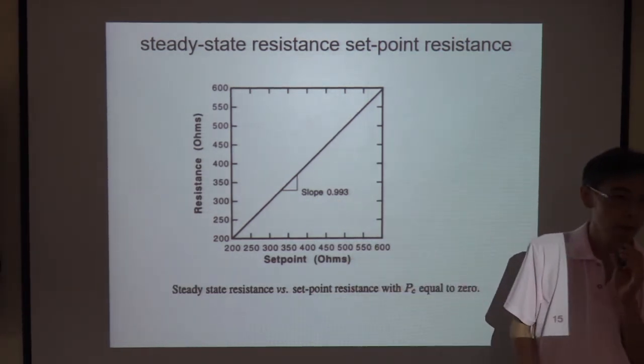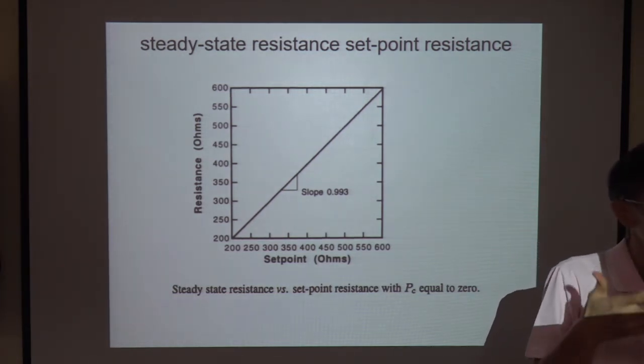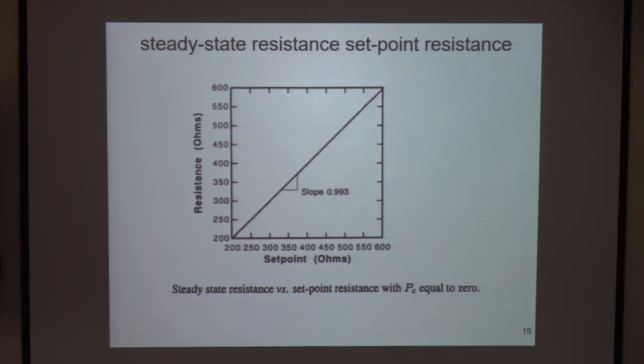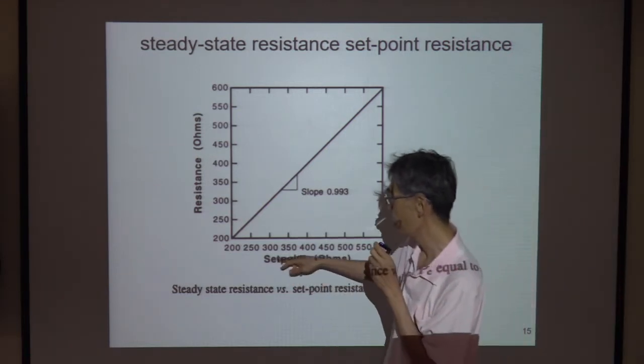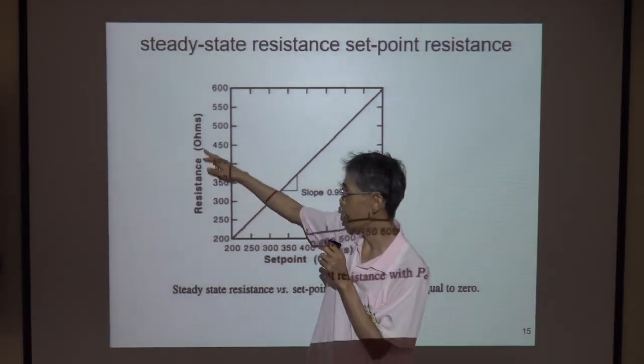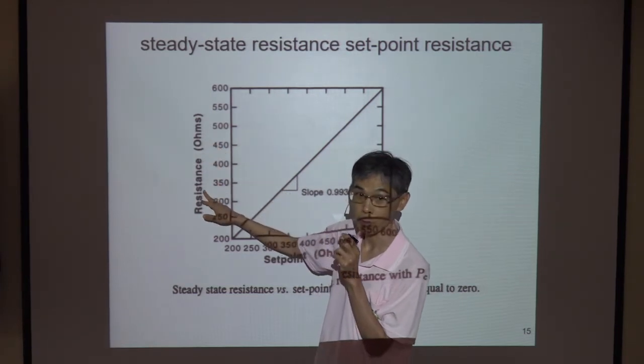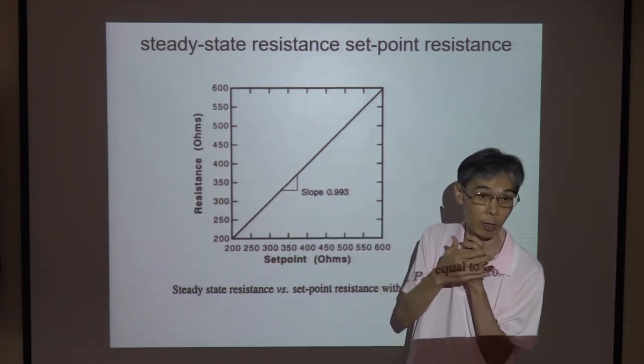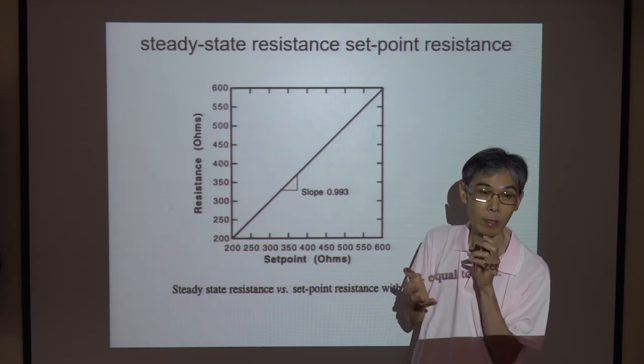What should the slope be, in the best case? Do you want the set point resistance and the final resistance to be equal to each other? Would you like that?